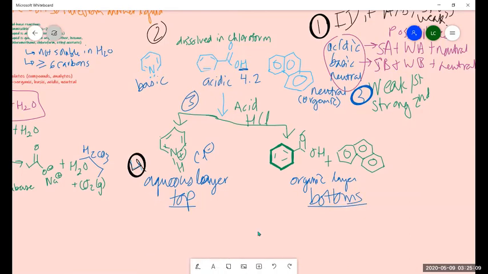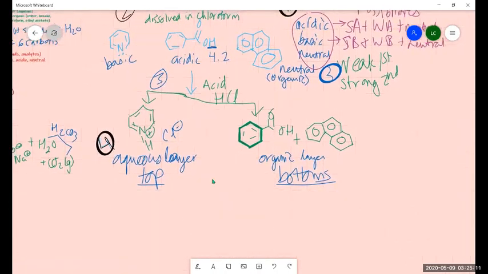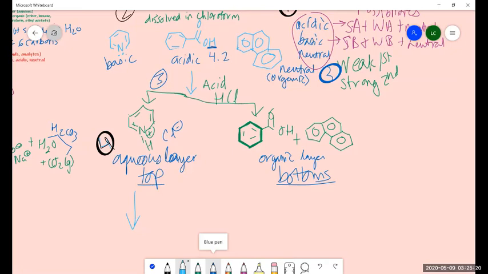And then once you have that, we're going to do the same thing. So this is separated out. What we do to finish this off here is all we need to do is add base again. So let's say we use NaOH. And then what happens is we are back to pyridine.